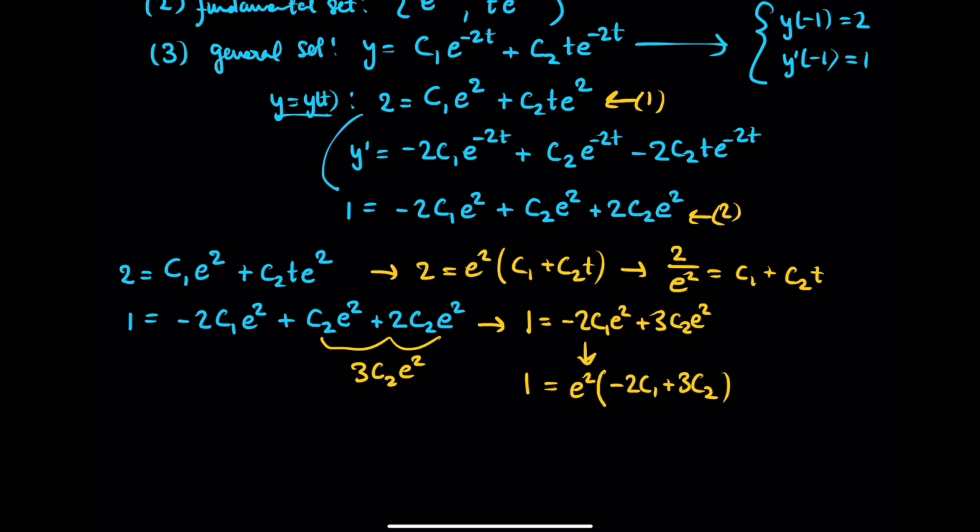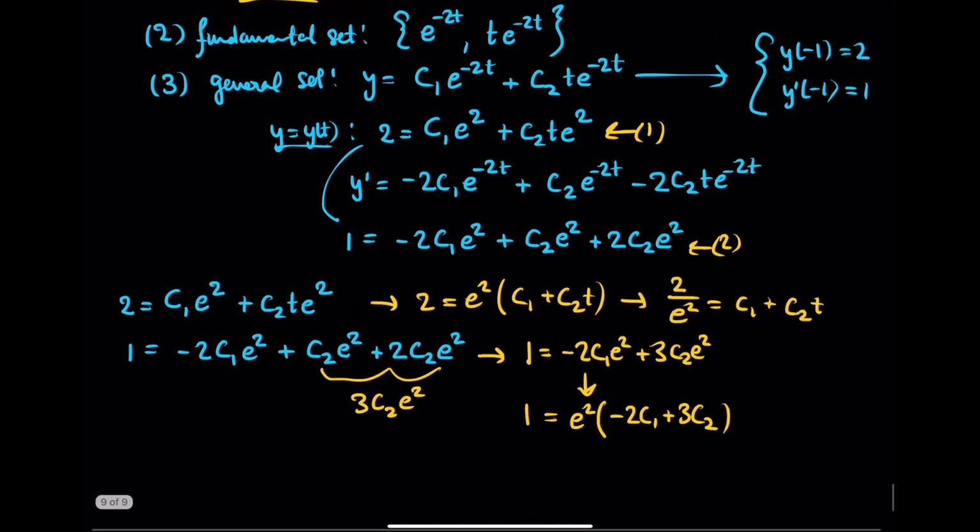Hold on. When I plugged in y minus 1 equals 2, I messed up because I should have had a value for t. This should have just been minus c2 e squared. I apologize for that. Okay, that's your 2.